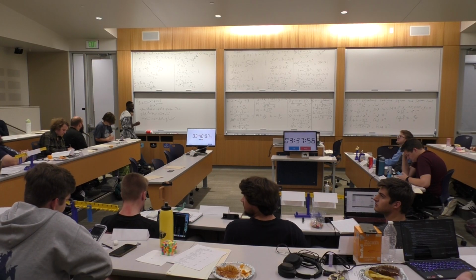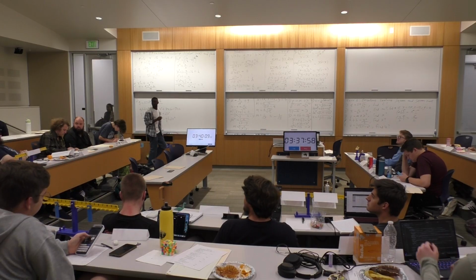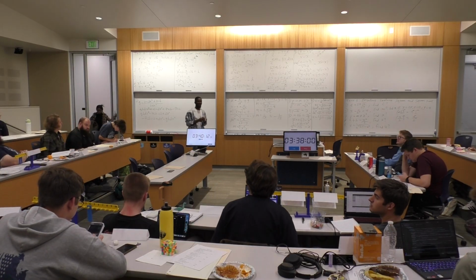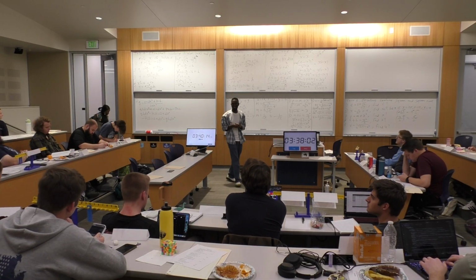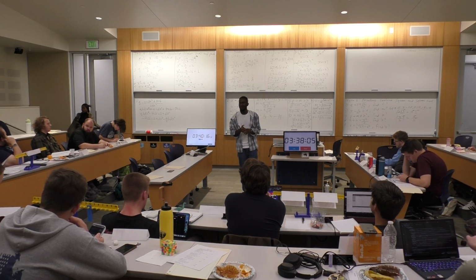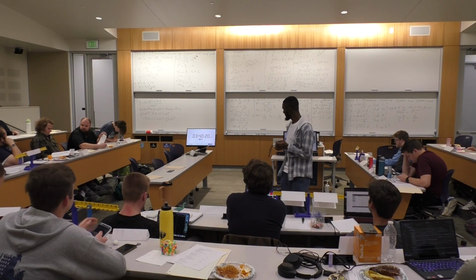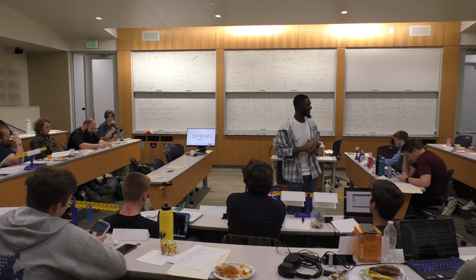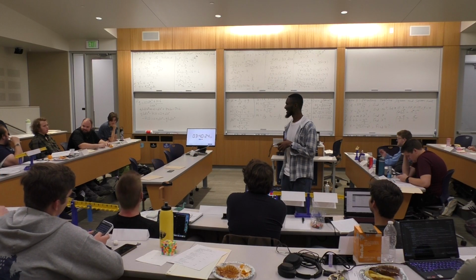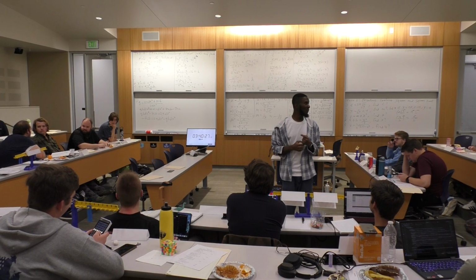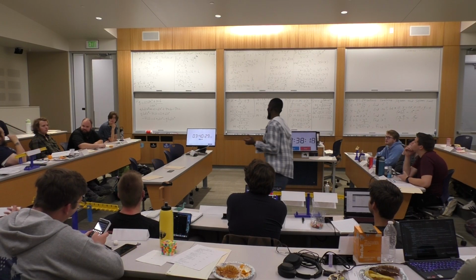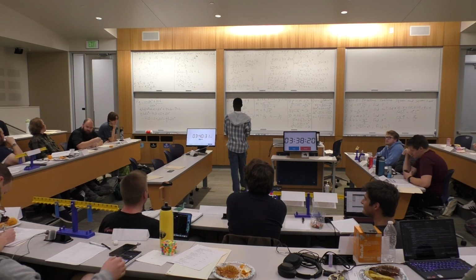So what do you do at this point? What's the next step? Good. We can factor out x cubed. That's what we do. Who thinks otherwise? We all agree? Good. So we factor out x cubed.